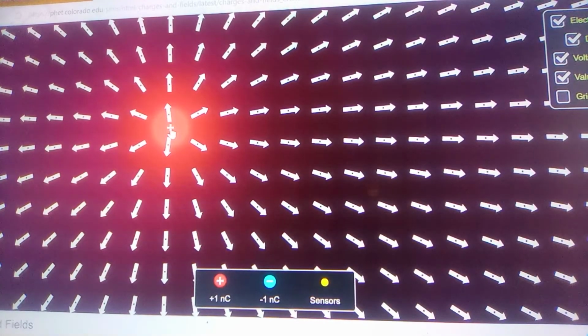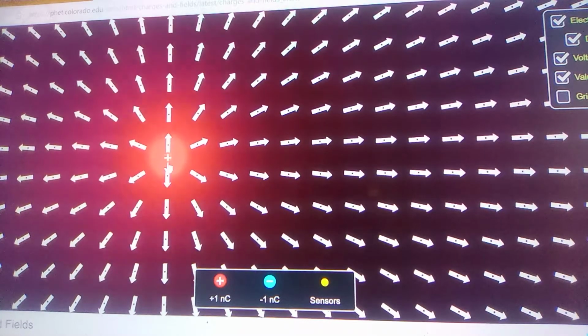As you see, we have here two types of charges. The positive charge appears like this. Now, if we see the field lines around this charge, you will see what happens.